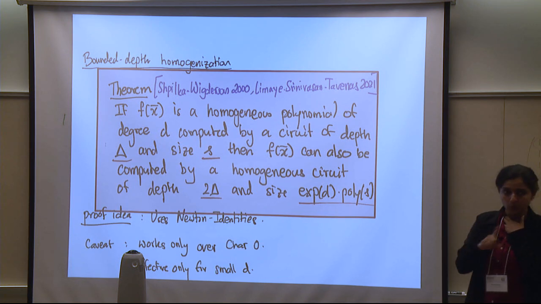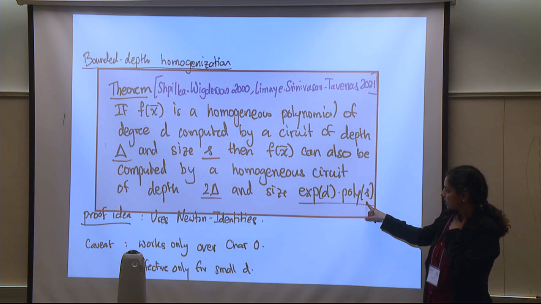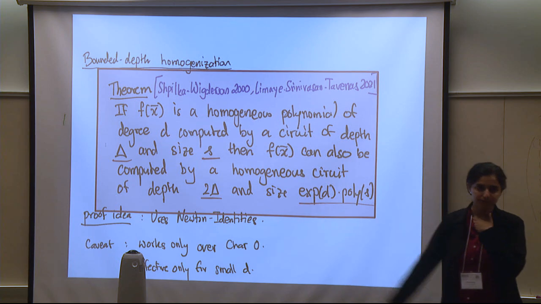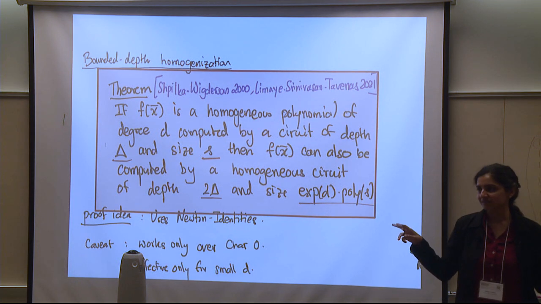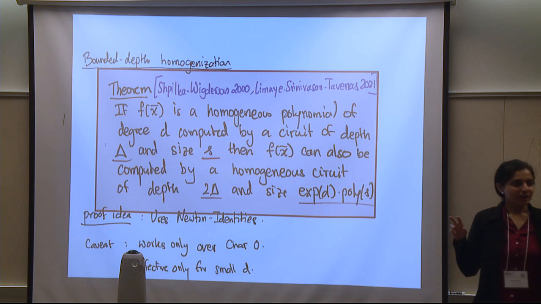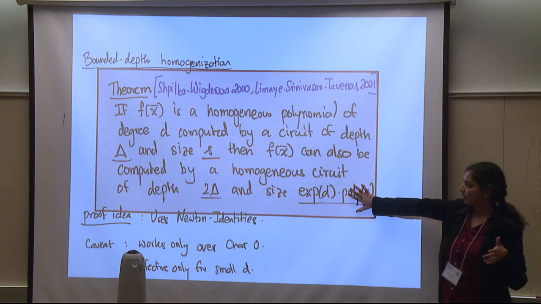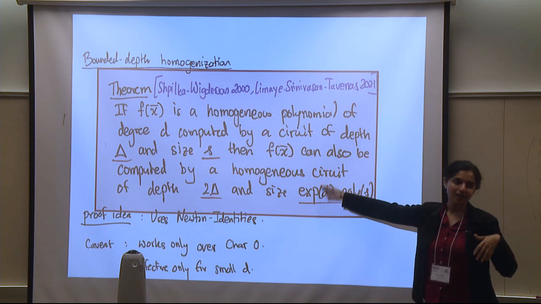Yeah? There is a blow up. It's not a polynomial size circuit that you obtain, but the blow up is small in the size of the circuit, but large in the degree of the polynomial. It's a bit weird. It's like a parameterization result. So in parameterized complexity, you have these upper bounds where you have polynomial here, and in terms of the parameter, it's a large growing function.